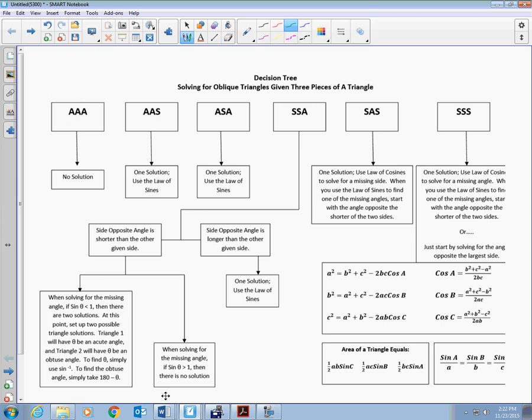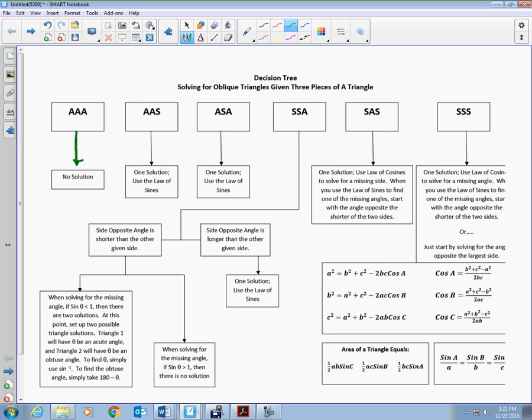So if you were given three angles in a triangle, we can't solve it. We've been solving triangles. If they were to give you three angles and say find the sides, you'd say, I can't do it. I have no idea how. You can't just out of nowhere come up with one of the sides.